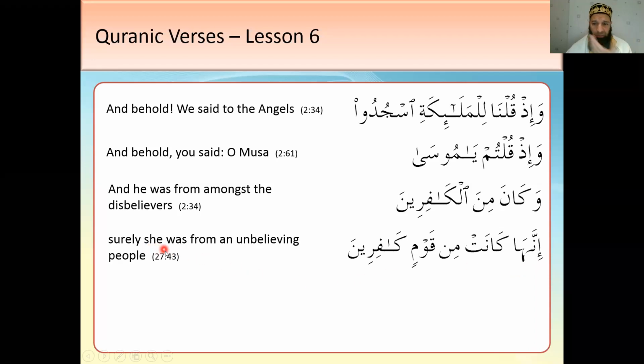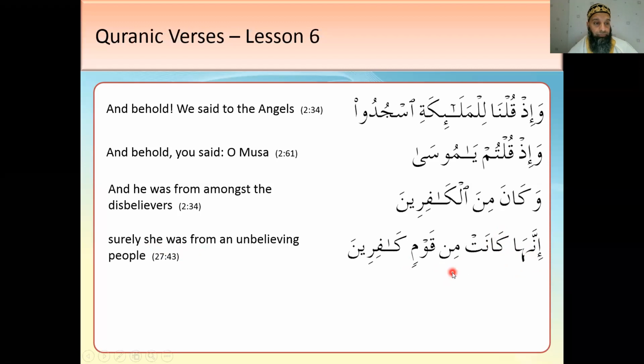But indeed and surely are pretty much the same thing. Innaha, feminine, remember? Kitabuha, baytuha, masjiduha, her masjid. Innaha, indeed she. Kanat, she was. Indeed she was.